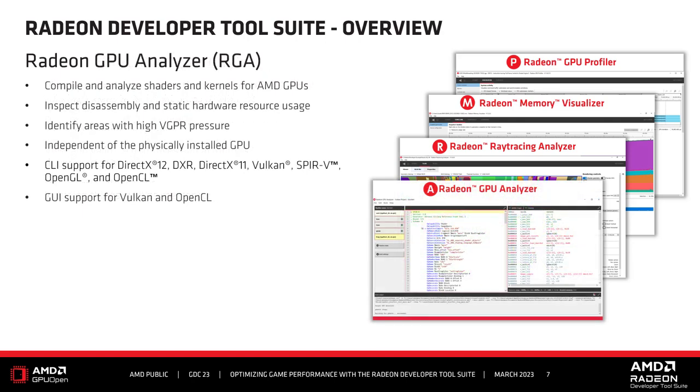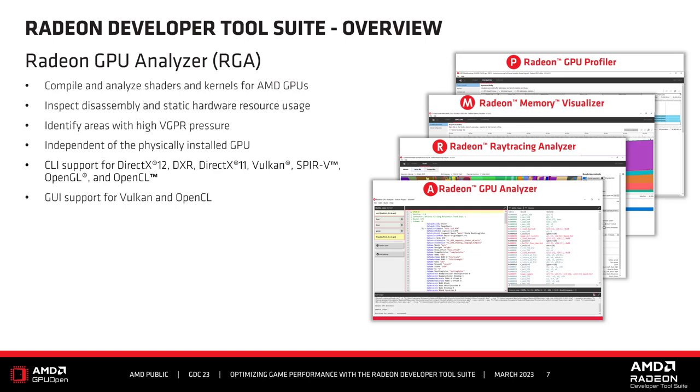Radeon GPU Analyzer, also known as RGA, is an offline compiler and code analysis tool. Using RGA, you can compile shaders and kernels for a variety of AMD GPU architectures to generate RDNA disassembly, hardware usage statistics, and static analysis reports, such as VGPR pressure analysis.